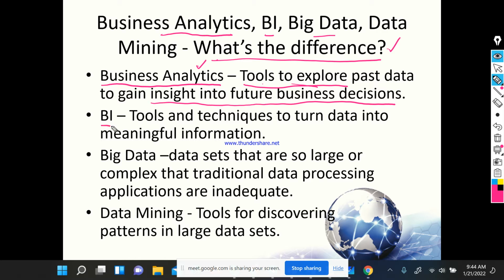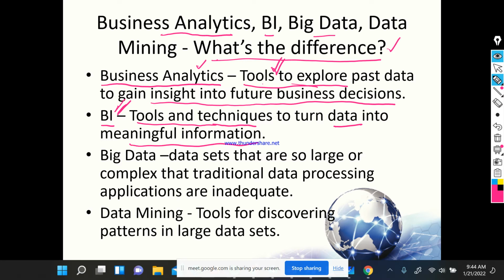When we look at BI and business analytics, analytics is only tools. But we are talking about intelligence, which means you are far beyond the tools, turning data into meaningful information.